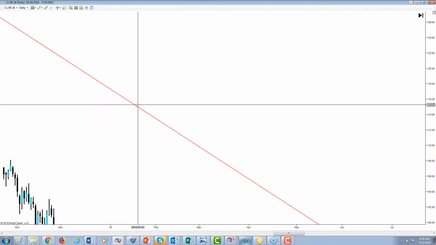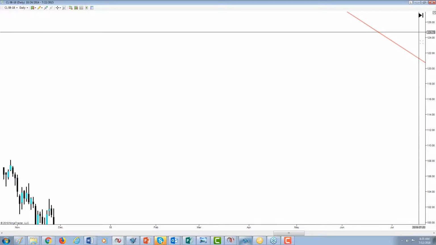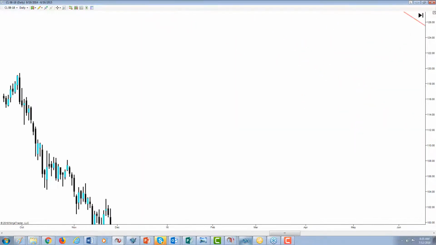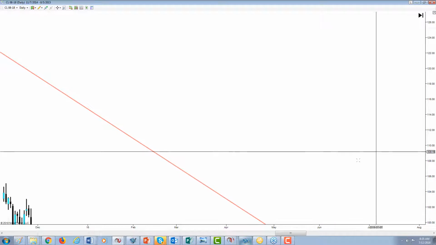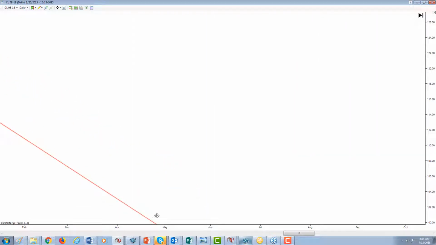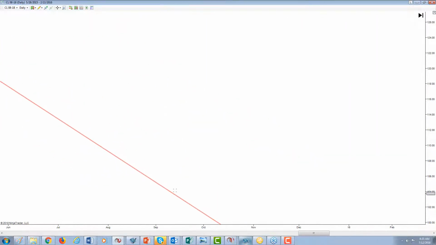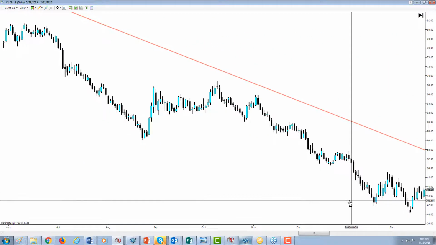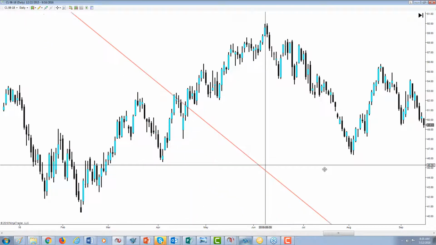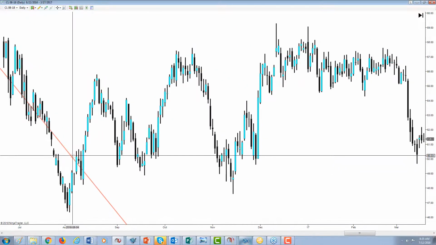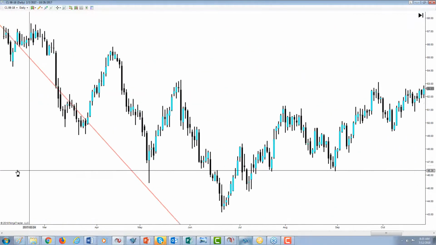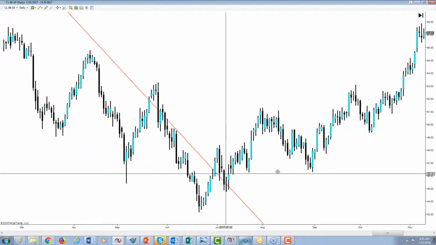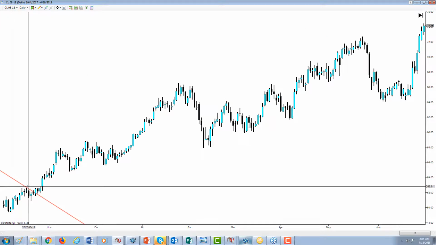Because once I have this, gotta come down a little bit. I can use it in the current stuff to define where we are in the pattern.